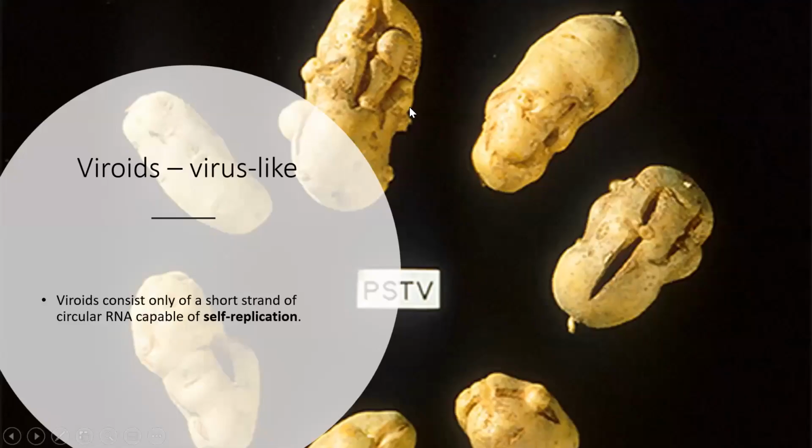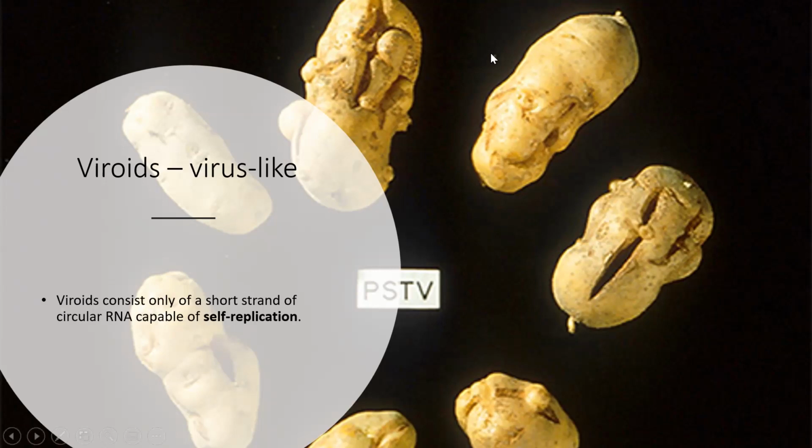Viroids were discovered, I think, in the late 1970s. The name means virus-like. They consist only of short strands of circular RNA that are capable of self-replication, right? That means these are RNAs that can make copies of themselves without the need of the molecular machinery in the cell.